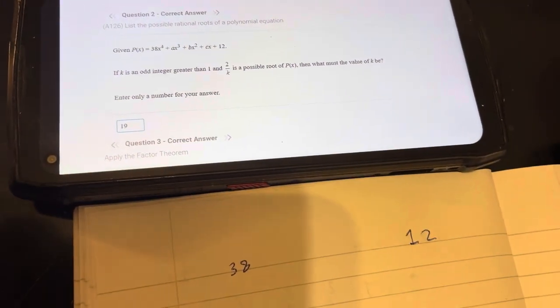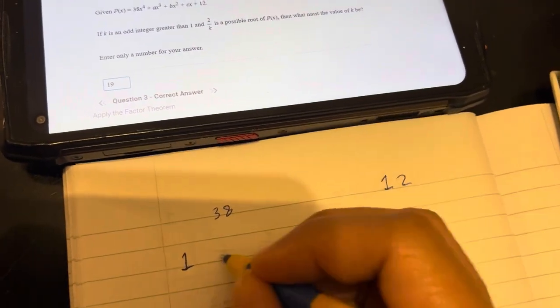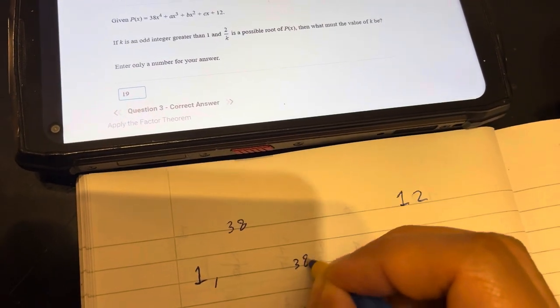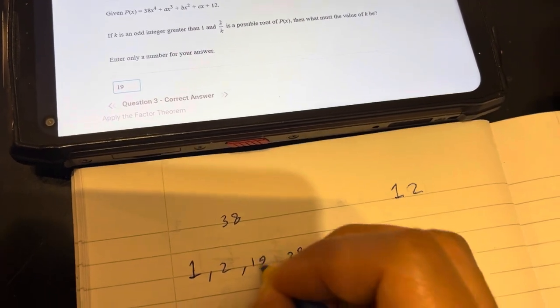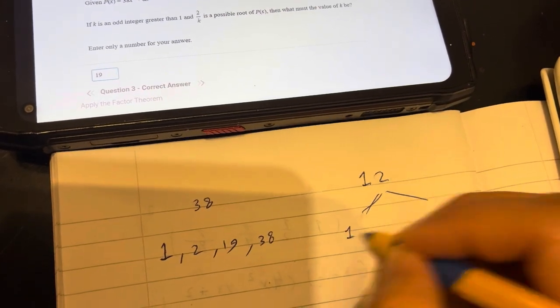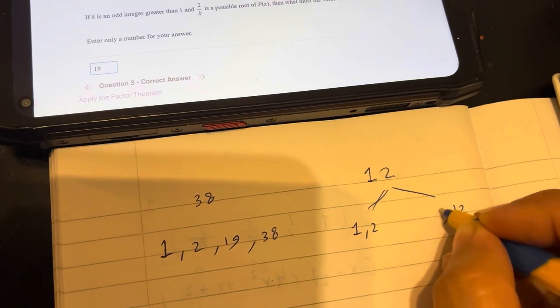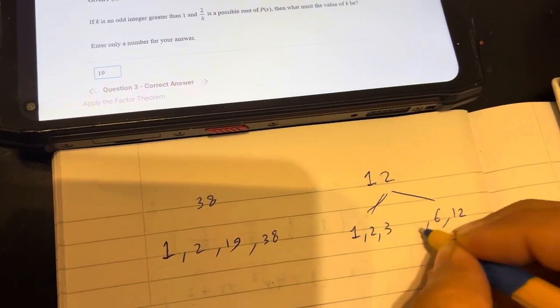The factors of 38 are 1 times 38 and 2 times 19. These are the factors of 38. The factors of 12 are 1 times 12, or 2 times 6, or 3 times 4.